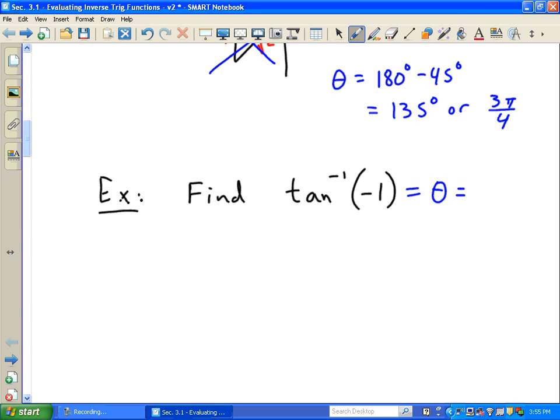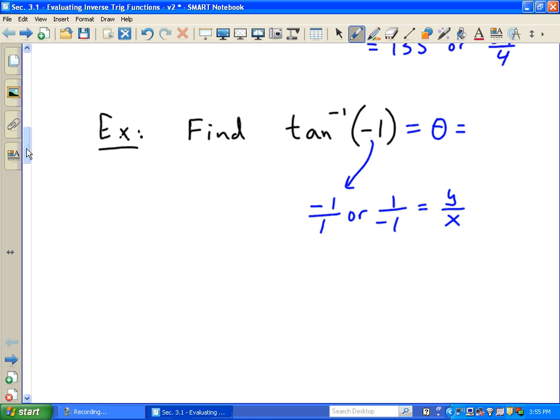We also realize that the -1 is the value of tangent. -1 could be written as -1 over 1 or 1 over -1. We know this is the value of tangent, which is y over x. Let's draw a picture of where those could possibly be.